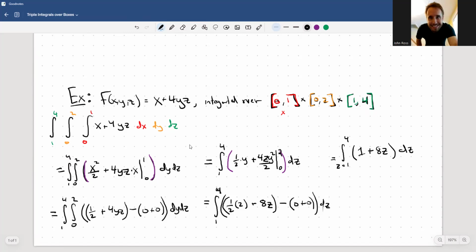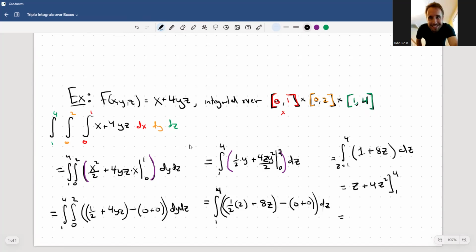Okay, everything else disappeared. So by the fundamental theorem of calculus, I find an antiderivative. This is with respect to z. So the 1 becomes a 1z, and the 8z becomes a 4z squared, right? That's 8z squared divided by 2. And I evaluate this as z goes from 1 to 4.